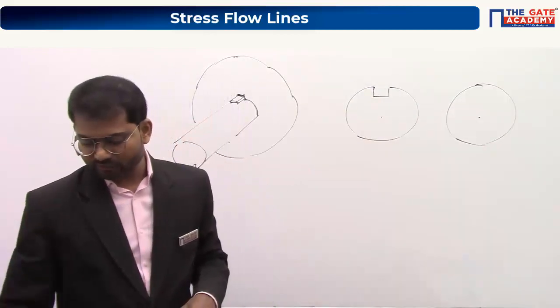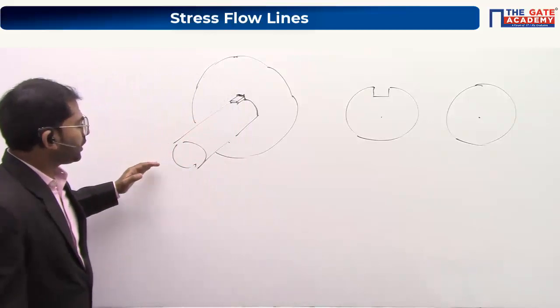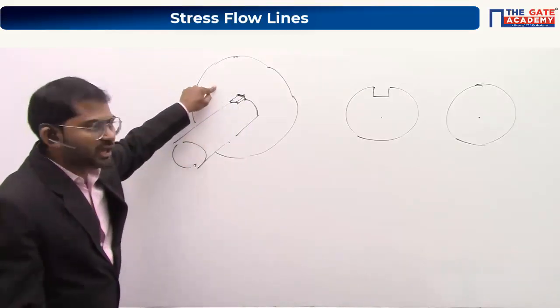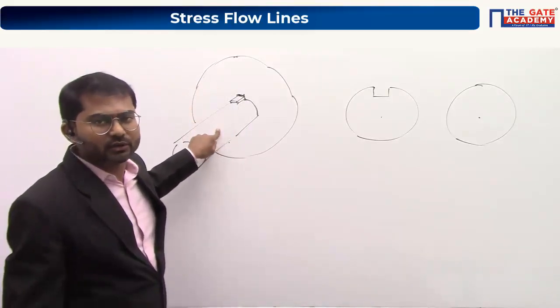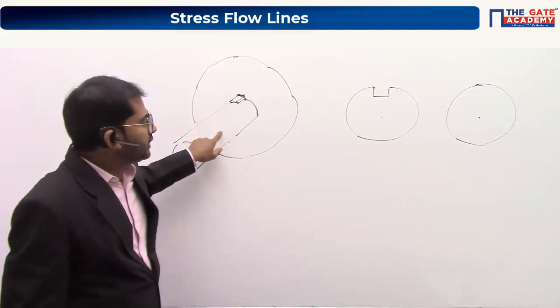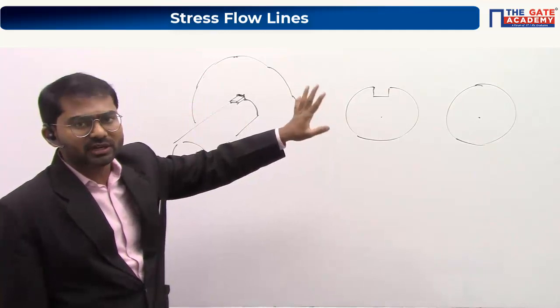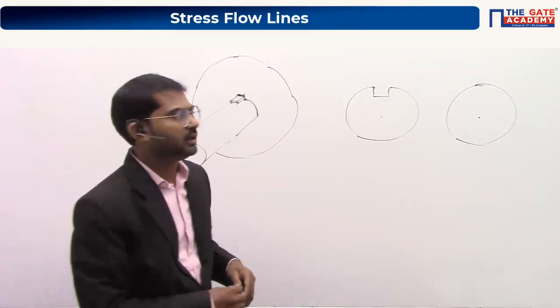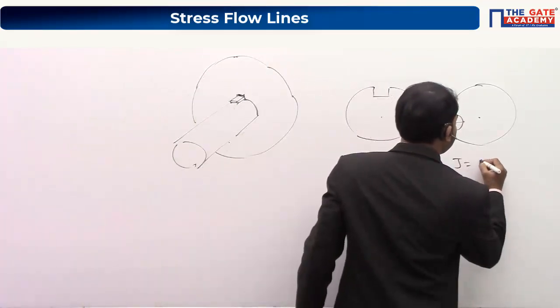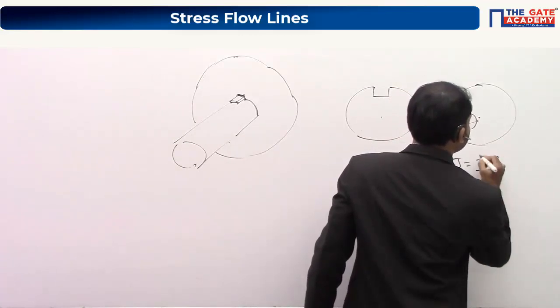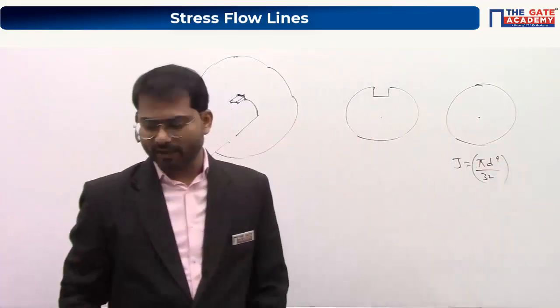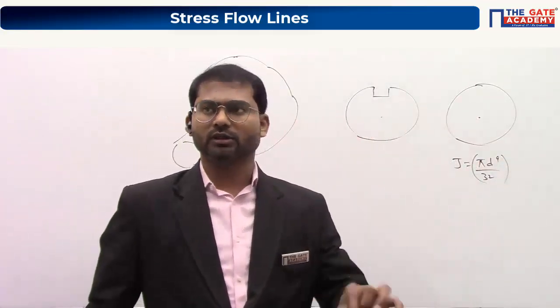In SOM, whatever you studied, torque is being transmitted from the shaft to the gear, so the torsion concept also comes into the picture here. In SOM, we considered the shaft a cylindrical object and directly took the J value as pi d power of 4 by 32 and substituted to get the shear stress value, torque value, and so on.